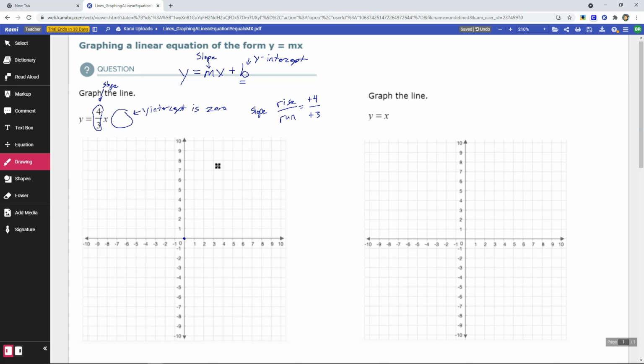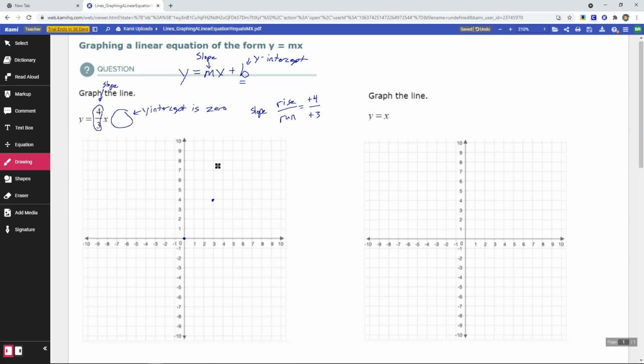So from the origin, all we need to do is go up 1, 2, 3, 4, and to the right 1, 2, 3, and that will give us another point on this line.